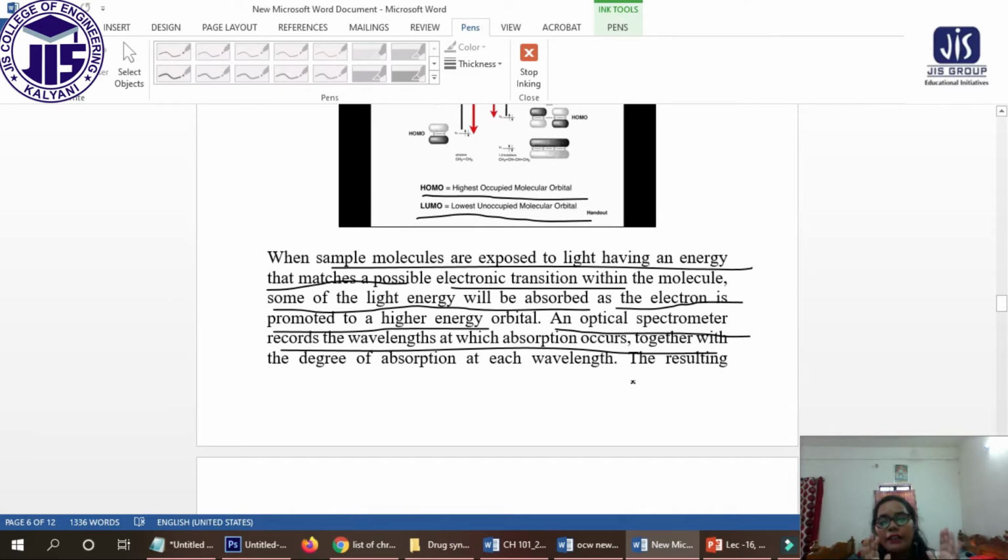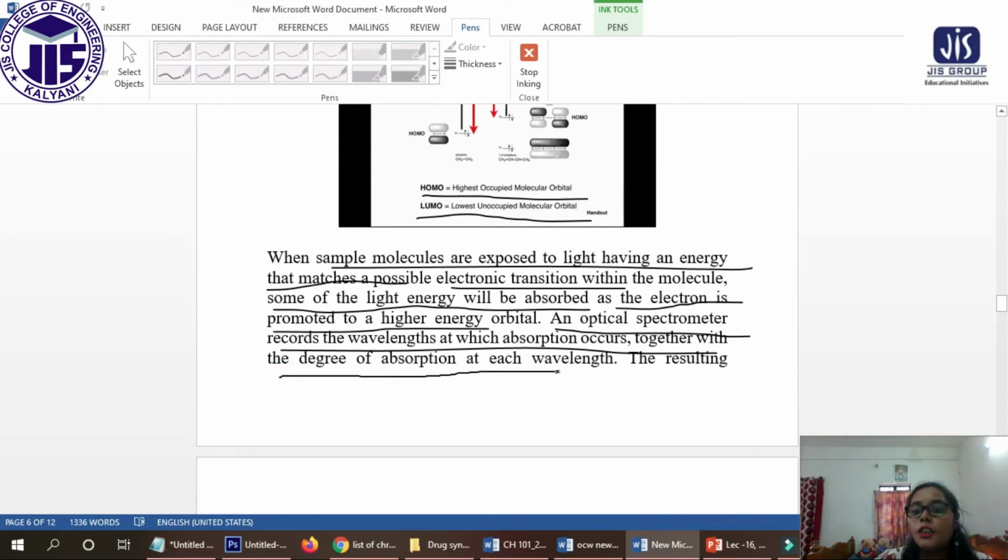We have so many improved spectrometers nowadays, which indicate how much energy is absorbed for any type of electronic transition in the molecule. So that can be recorded by the spectrometer. There are so many improved spectrometers nowadays in our lab.